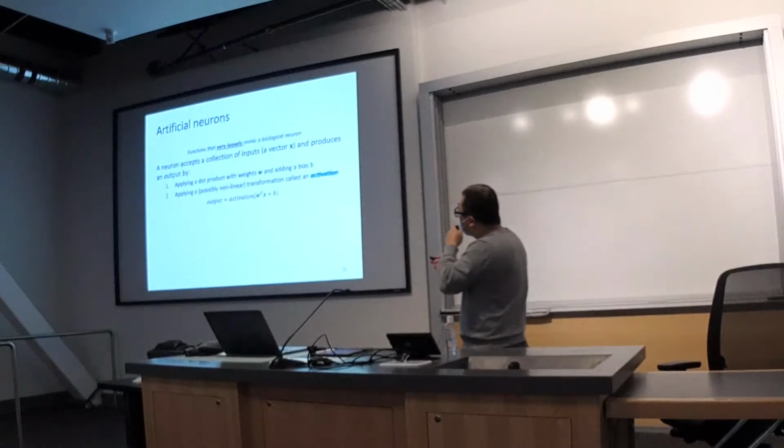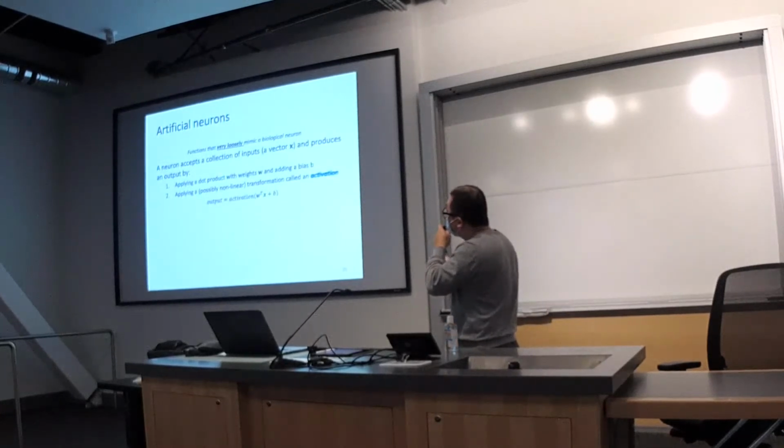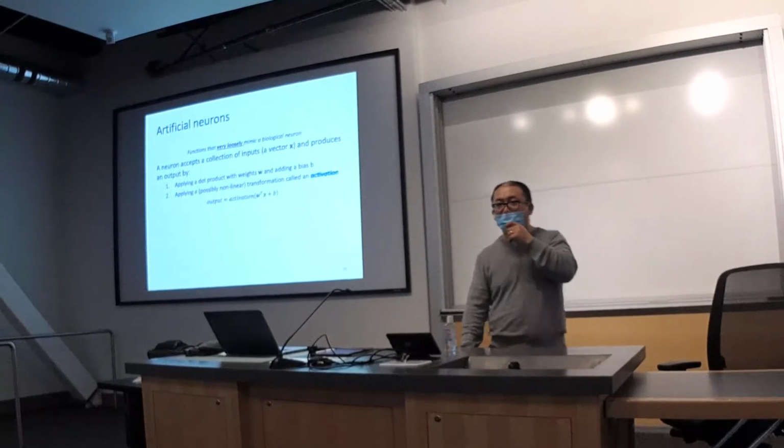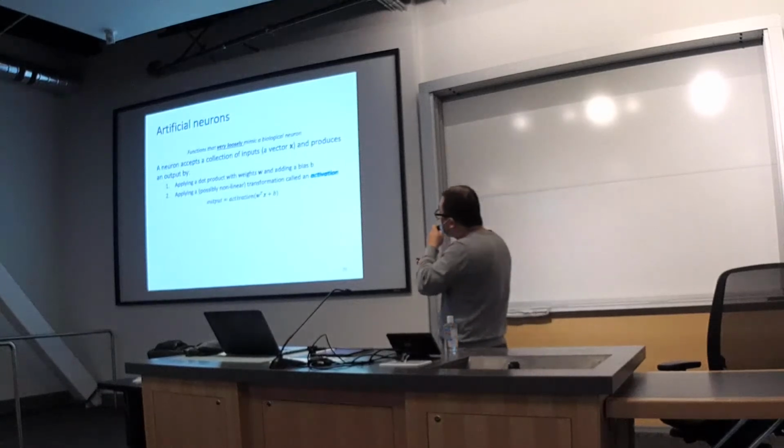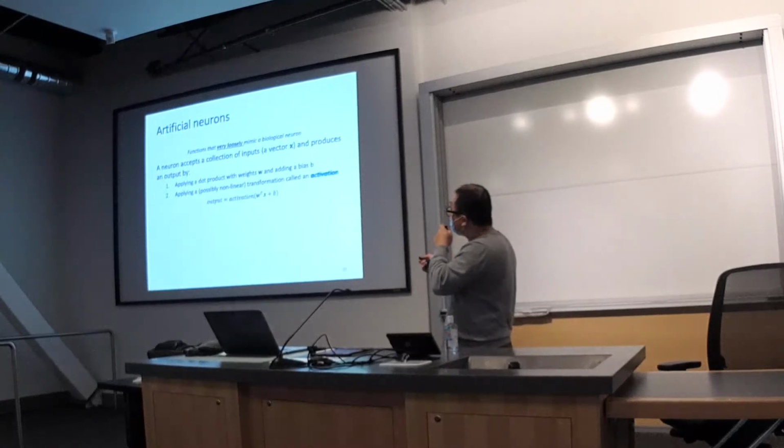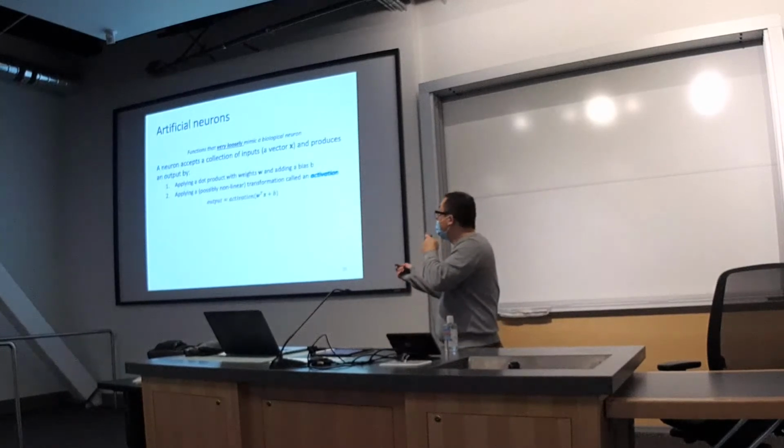First, the neuron applies a dot product between the weight w and the input vector x, then adds a bias parameter b. Then we apply a transformation called activation, which is usually chosen to be nonlinear. So the computation of a neuron can be summarized by this simple formula: incoming messages from other neurons, a dot product with the vector w plus a bias parameter b, and then a nonlinear activation function. You get the output of that neuron.